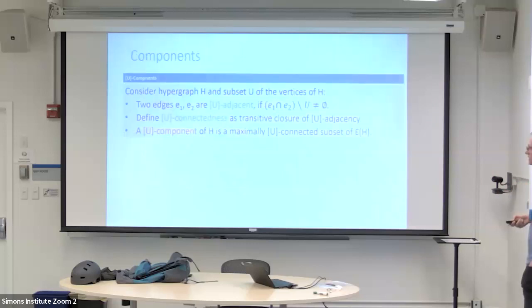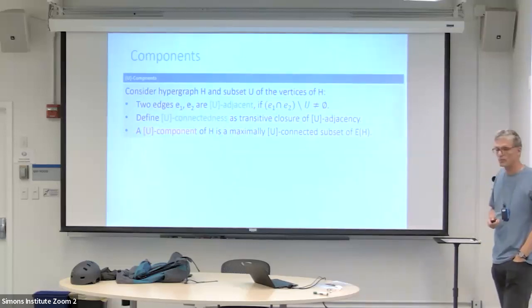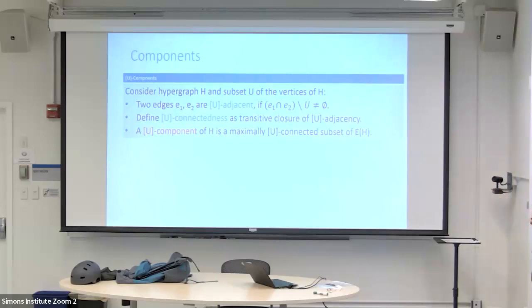And so this notion of components is crucial here. Suppose we are given a set of vertices, let's call it U, a set of vertices of the hypergraph. We call two edges U-adjacent if even after cutting out the vertices of U, they are still adjacent.